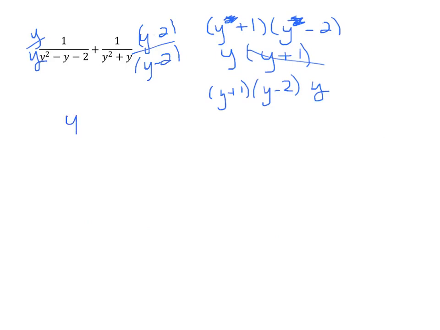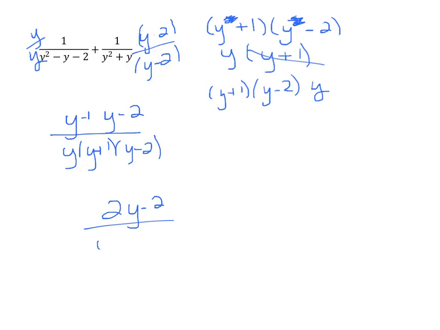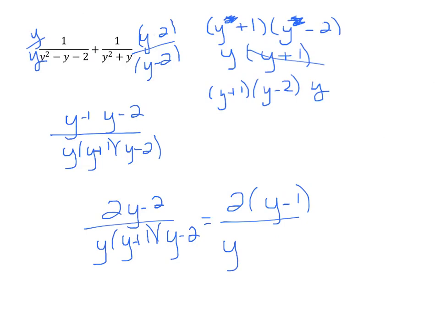So I end up with y plus y minus 2 over y times y plus 1 times y minus 2. And I can simplify that numerator. And that's simplified.